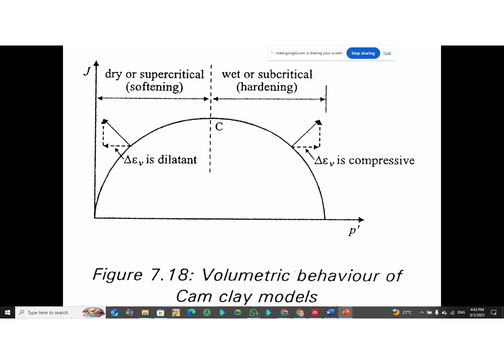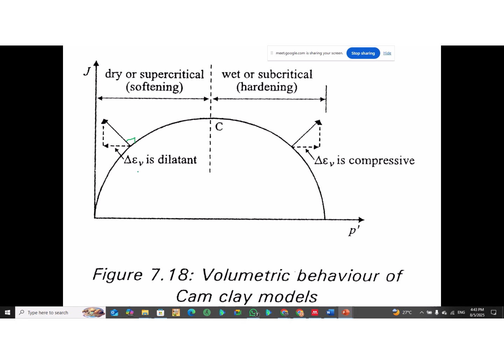Then the volumetric behavior of Cam-Clay soils. So we start with this one. If you talk about the incremental elastic or plastic strain, you find it should be 90 degrees to this surface, isn't it? Now, on this side, we show the dilatant behavior, because you can see if we resolve this vector, this is negative, everything is negative, so that shows dilatant behavior.